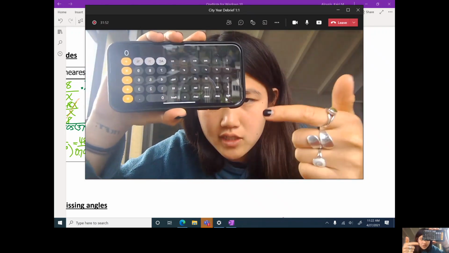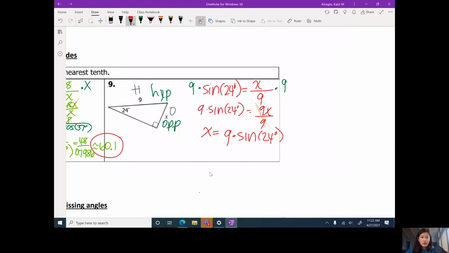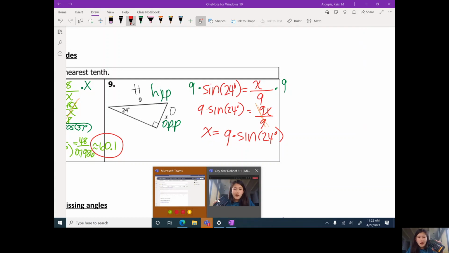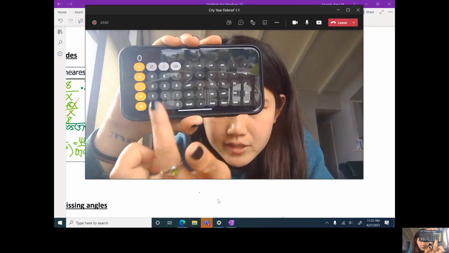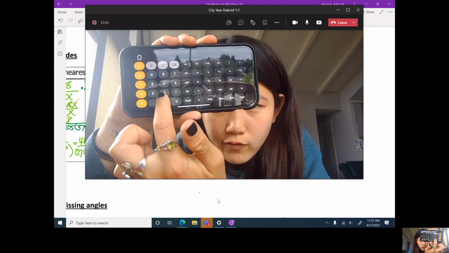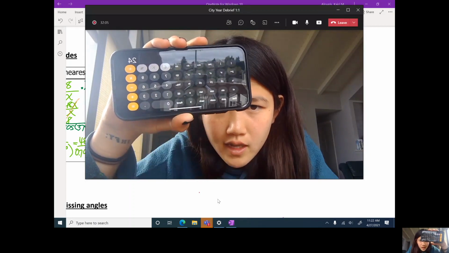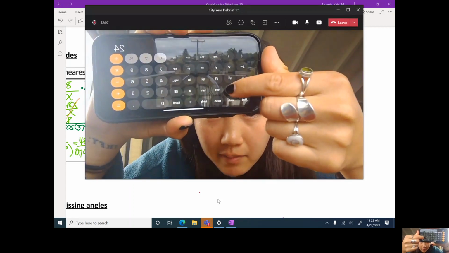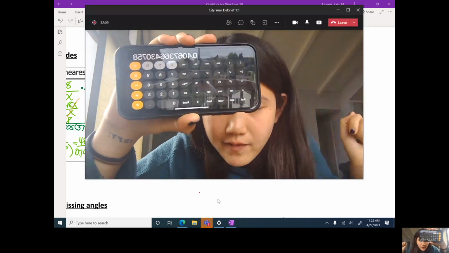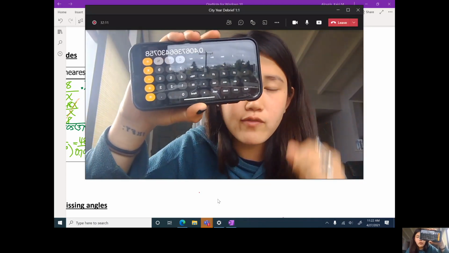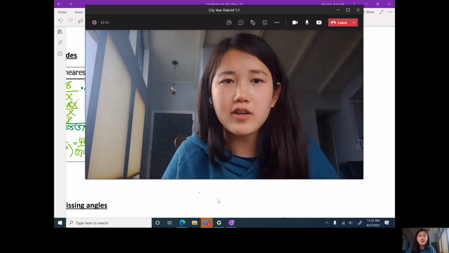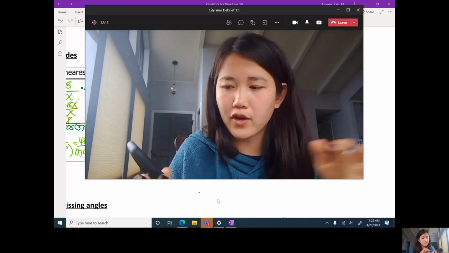Now we have all these other functions. What you have to do, and we're taking 9 times sine of 24. Well, to find the sine of 24, I have to put in 24 first, and then I can press the sine button. That is the value of the sine of 24. You have to press the number first and then press the function.